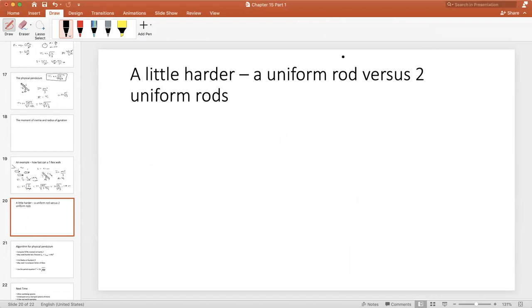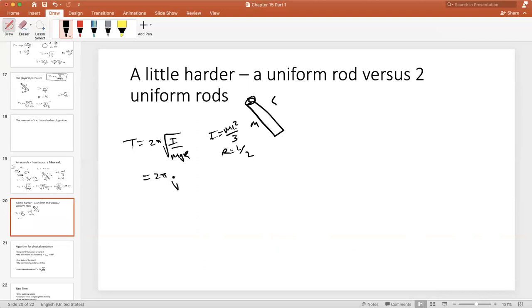One thing we already know: if we had a long thin rod of length L and mass M, then T was 2 pi square root of I over mgr, but r was L over 2 and I was ML squared over 3. And so this gave us 2 pi square root of 2/3 L over g.